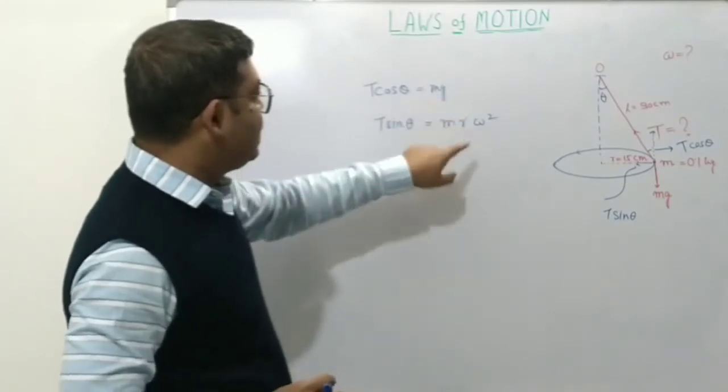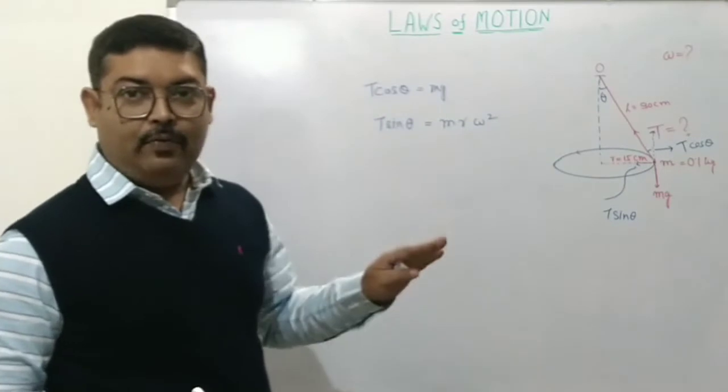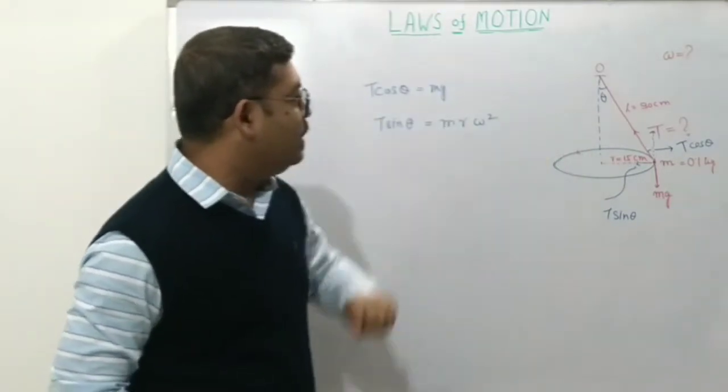Yes, m is given, g is given, r is given. However, theta is not given, so the first thing we need to find is theta.